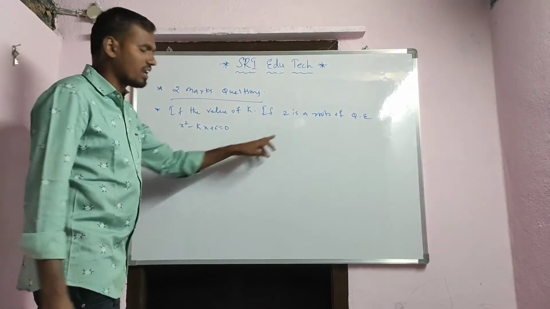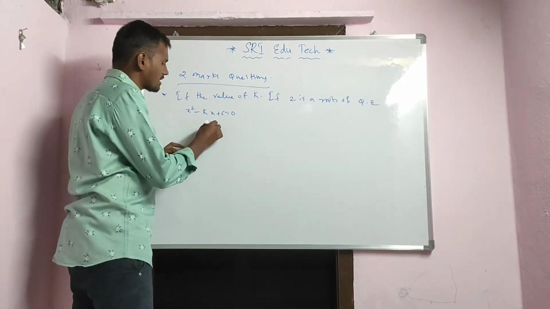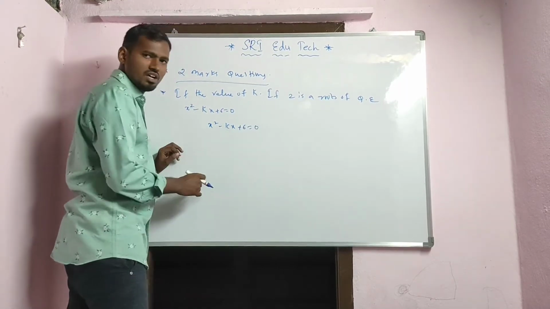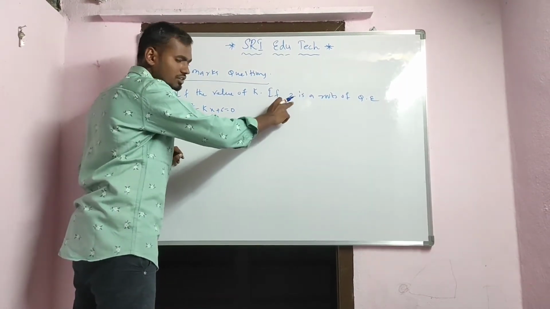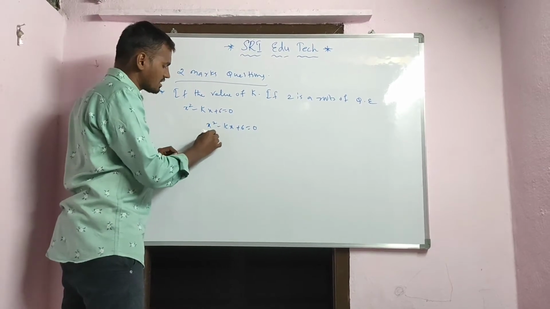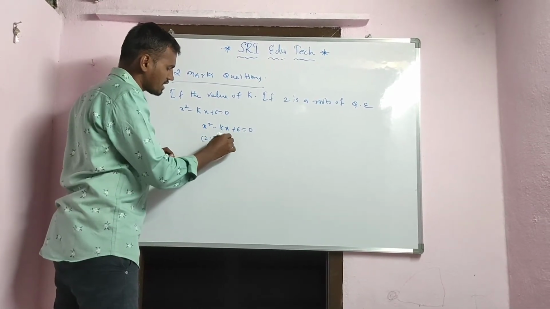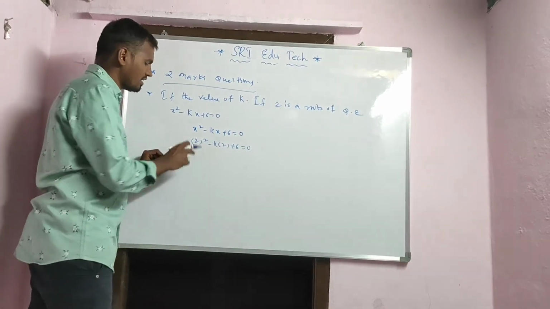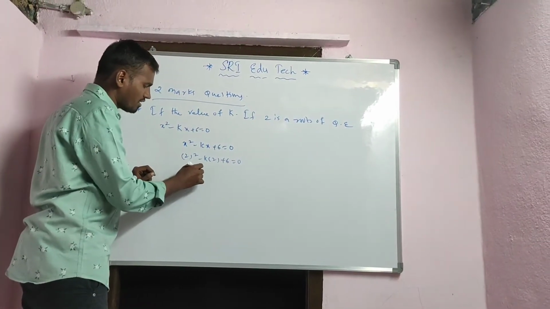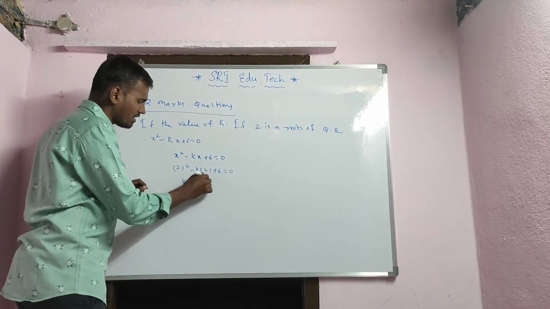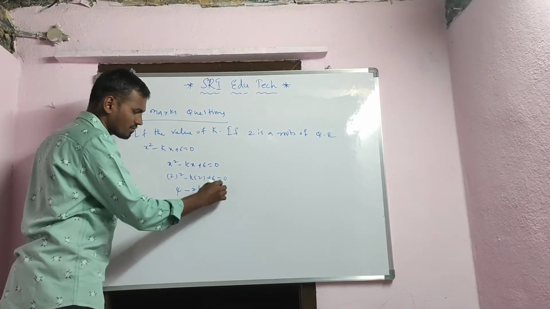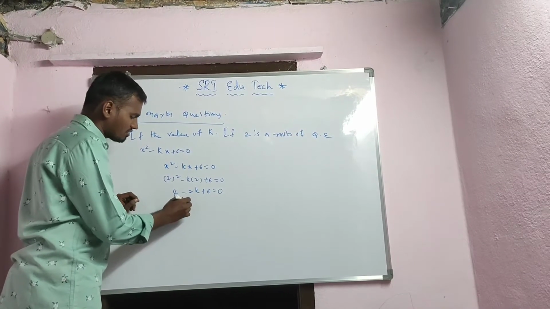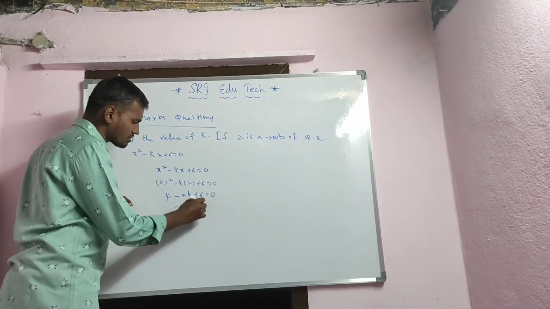Substituting, 2 square minus k into 2 plus 6 is equal to 0. Then 2 square means 4, minus 2k, plus 6 is equal to 0. 6 plus 4 is 10, so minus 2k plus 10 is equal to 0.